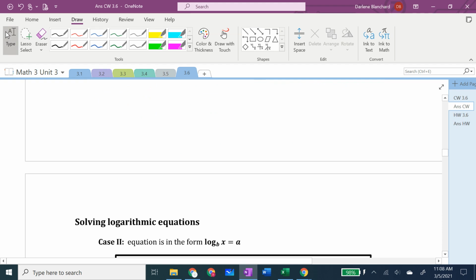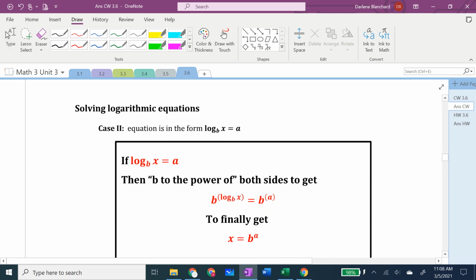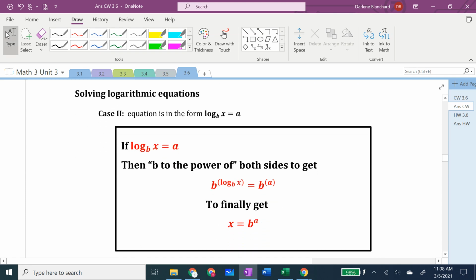Now, that was the prep for how you can go about solving log equations where you have log of some base with an inside equal to just a number. And I want you to watch carefully what I'm doing here. Watch carefully. Right here you see log base b of x equals a.